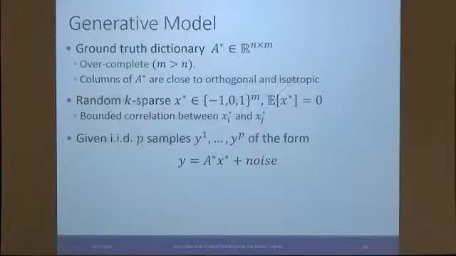Okay. So what is the amount of correlation that you can allow? Basically, I think we can allow pretty good correlation. If x is a uniform sparse vector, then the correlation between xi and xj is something like k over m squared, where m is the dimension.